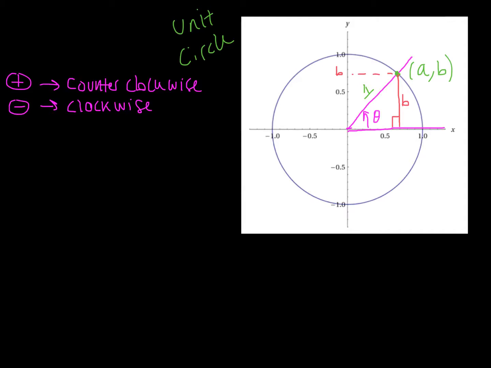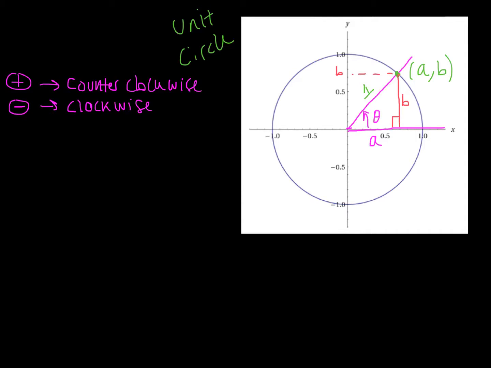And the same can be said for this side length. So this side length is exactly the x-coordinate of this point, right? If you think about it, you start in the x at 0, and as I move all the way out to here, this is where I get to the x-coordinate of this point. So if I were to move A in the x direction, B in the y direction, I would be getting to this point. And so this side length is A. And let me use a different color here.